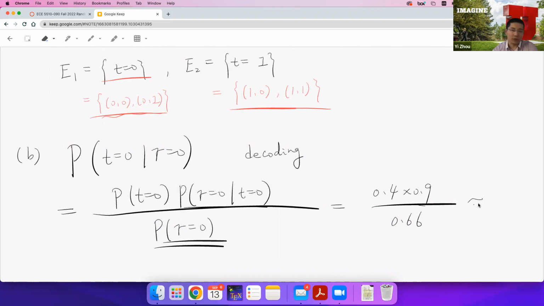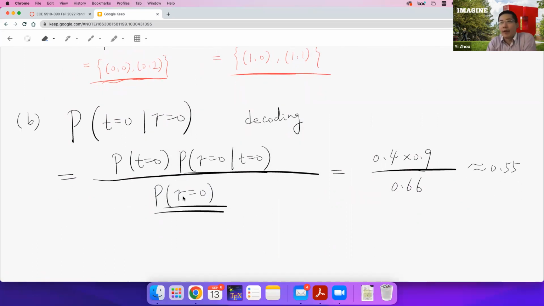And this is about 55%. So this means that when you receive the message 0, 55% of the time the transmitted message is 0.